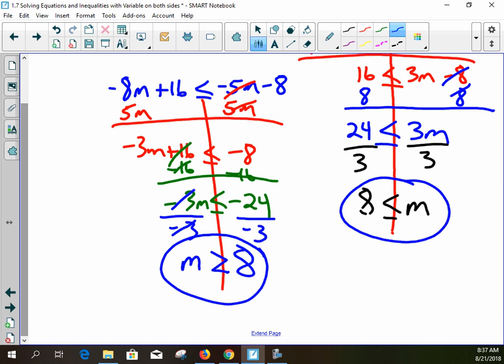Your monster eats the M. They look completely different, but they're the same. However, after you do all this work, if you don't remember to flip that inequality, you get it wrong. That's why I tell you, always move the smallest number with a letter. And we're going to keep that in practice.